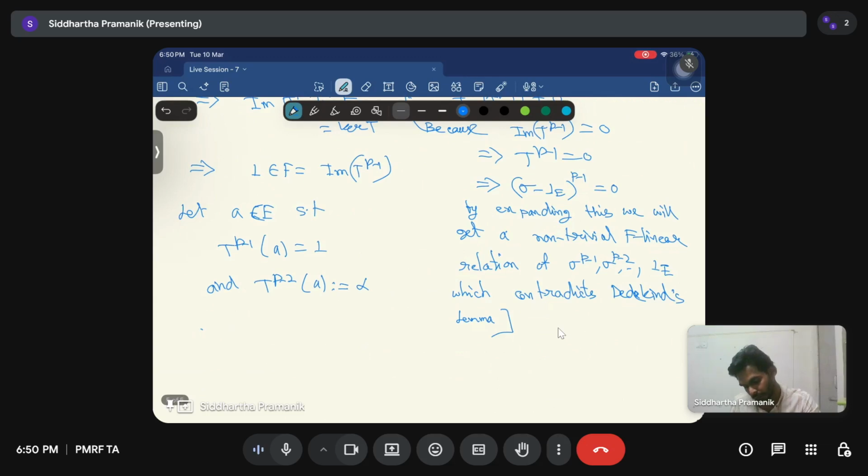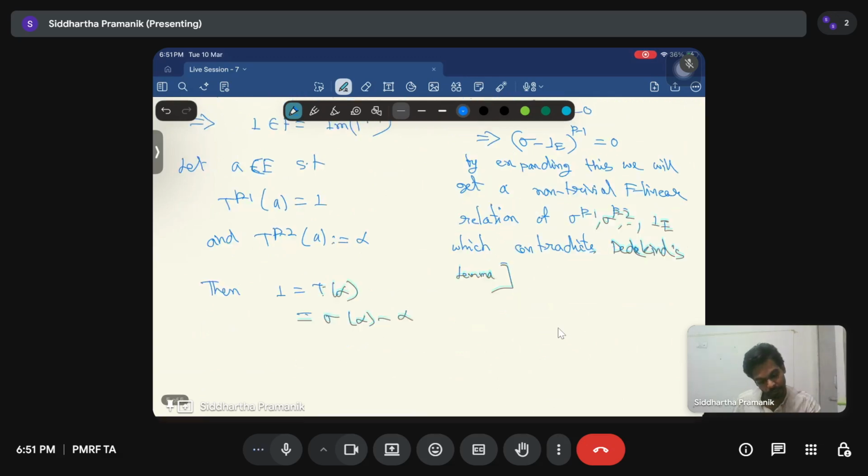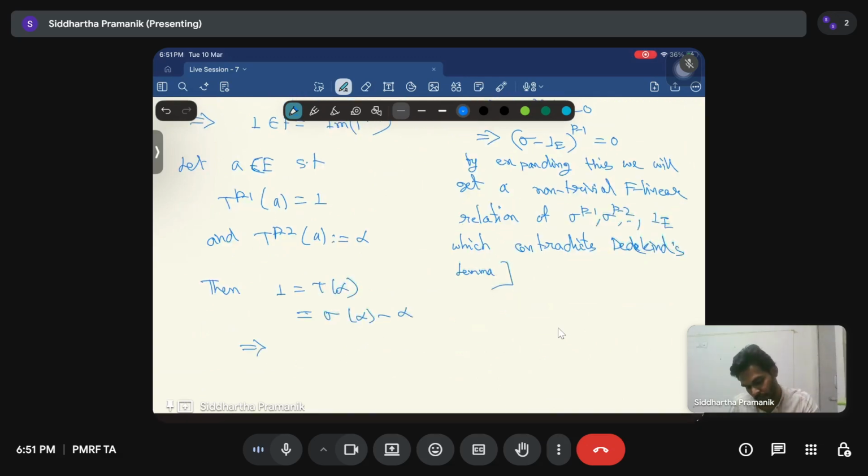So then 1 is equal to T of alpha, which is the same as sigma of alpha minus alpha, right? So this means sigma of alpha is alpha plus 1, and if we apply sigma again, sigma power i of alpha is alpha plus i, for 1 less than or equal to i less than or equal to P minus 1.